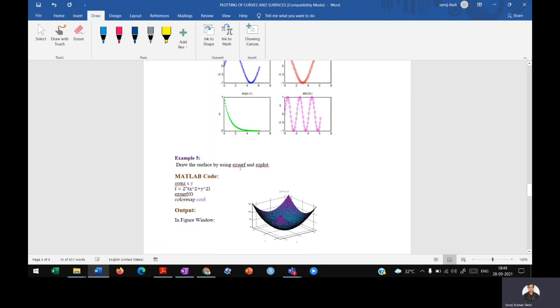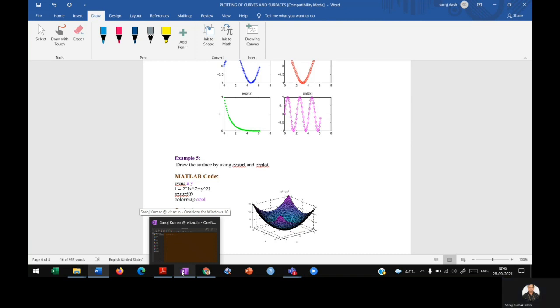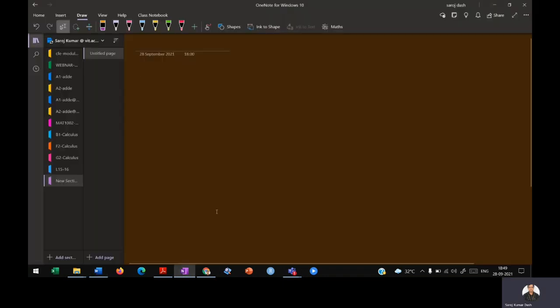That is very important: ezsurf and ezplot. Now I'm going to explain the difference between ezsurf and ezplot. This is a very important part. Suppose first plot. For plot, you know very well.